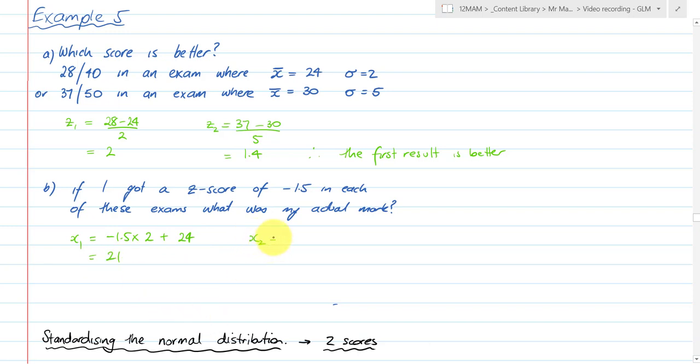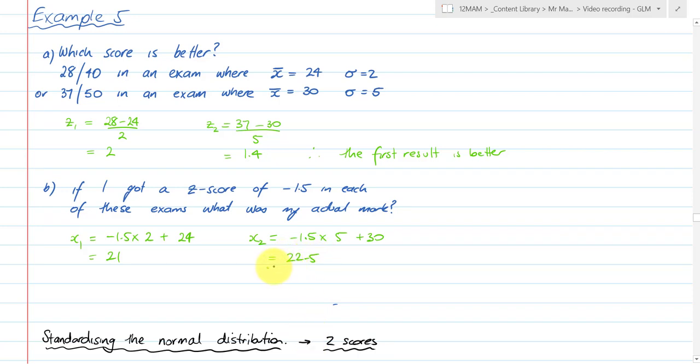And x2 would be equal to negative 1.5, my z-score, times my sigma, my standard deviation, which is 5, and then plus 30, and that comes out as 22.5.